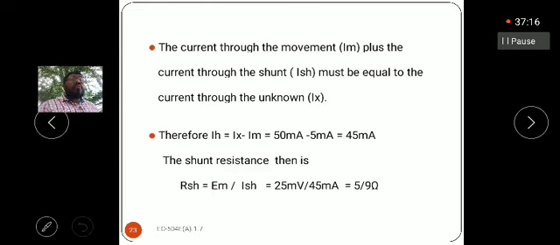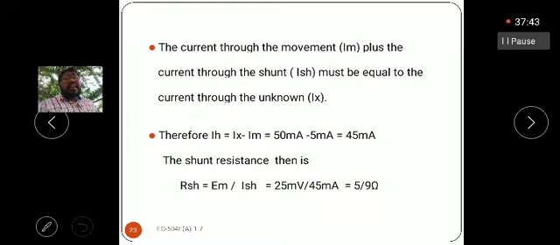The current through the movement Im plus the current through the shunt ISH must be equal to the current through the unknown Ix. Therefore, ISH is equal to Ix minus Im, which is equal to 50 milliamps minus 5 milliamps, equal to 45 milliamps. It is the same as the equation part in the series type ohmmeter.